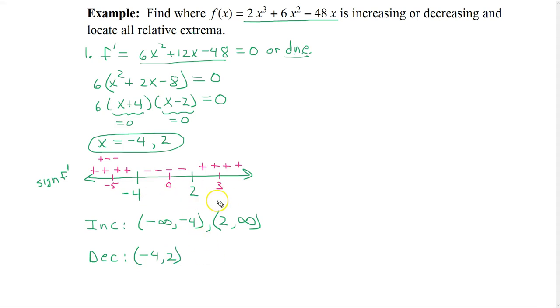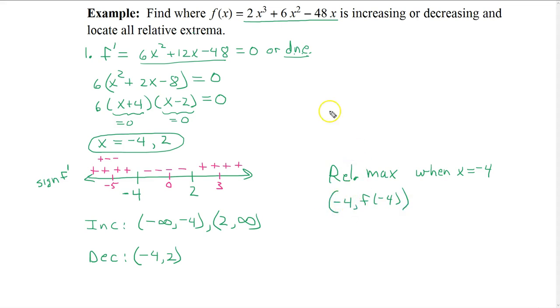Now we can identify relative extrema. Notice that at negative 4, our function is increasing and then decreasing. And so at negative 4, we're going to have a relative maximum. So we have a relative max when x equals negative 4, or we could put it as the point negative 4, f of negative 4.